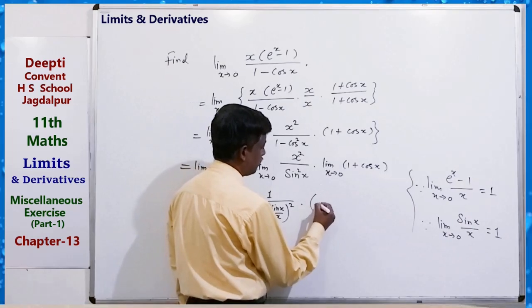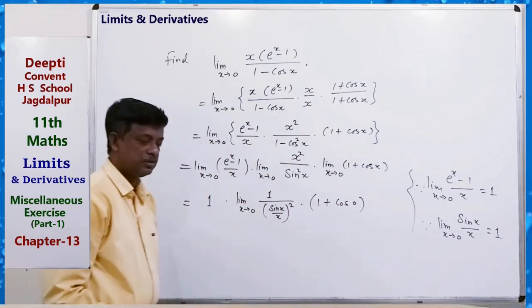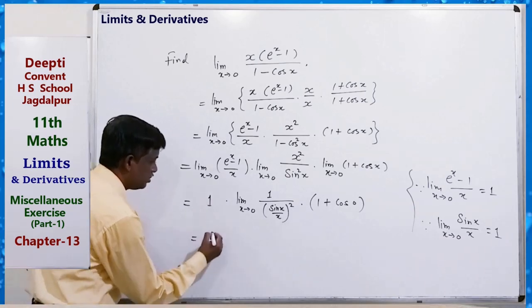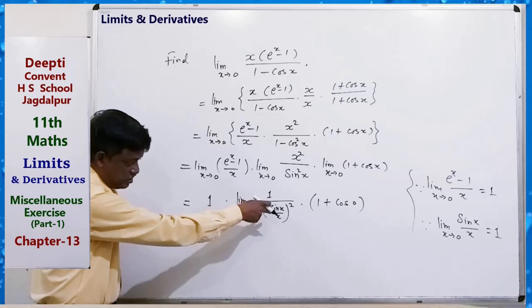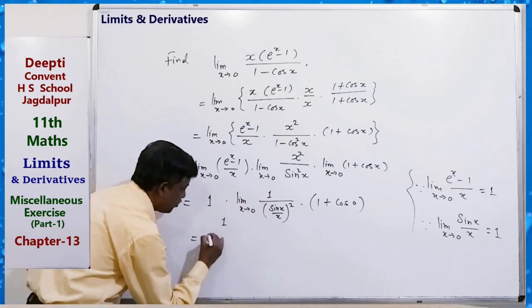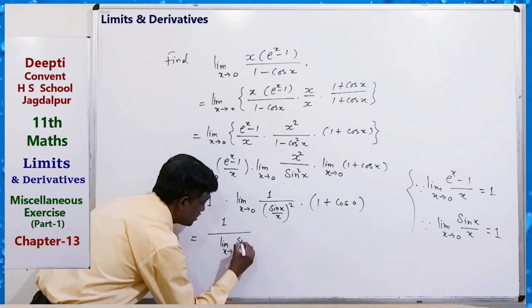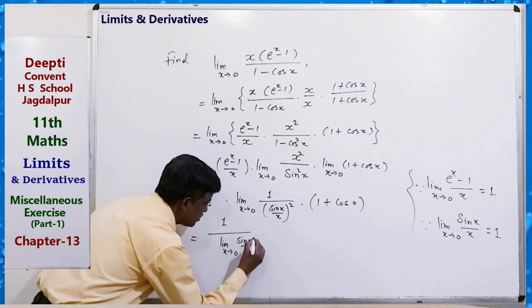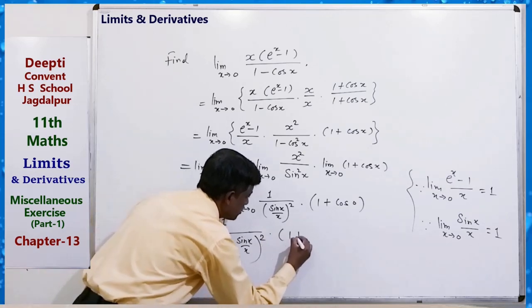Here 1 plus cos 0 can be put, so we can get value here 1 upon limit x tending to 0 of (sin x by x) whole square into 1 plus 1.